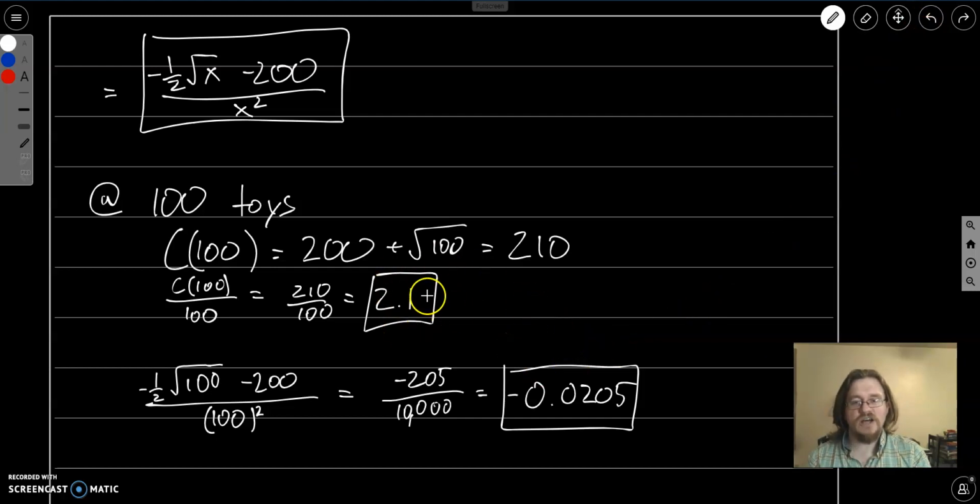So the average cost is decreasing as I'm making more toys. So in this instance, it's more efficient to produce more than 100 toys because we know that the average cost is going to go down. And this is just an example of the use of the quotient rule for finding average costs and the change in average cost.